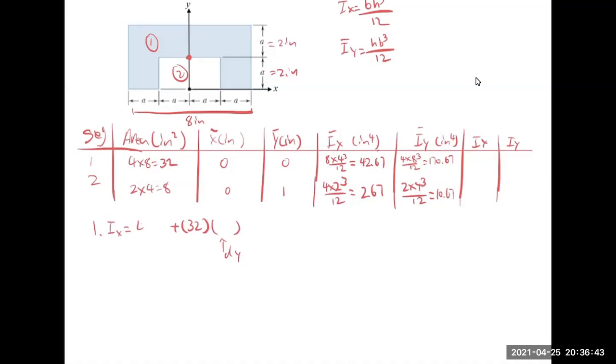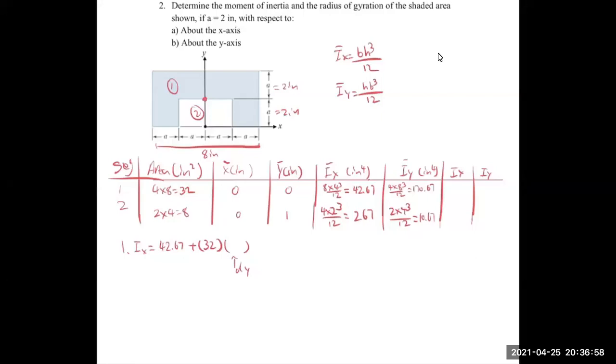Ix should be 42.67. The dy term will be 0 in this case, because dy is the distance along the y-axis from the centroid of the segment to the centroid of the composite body.